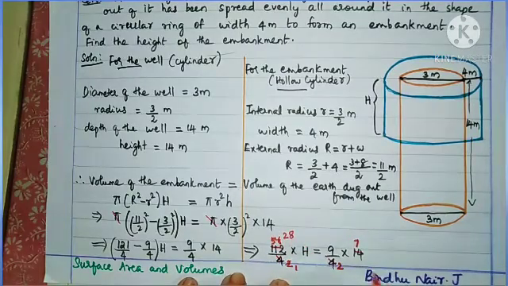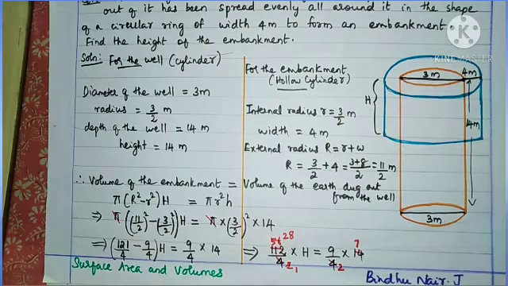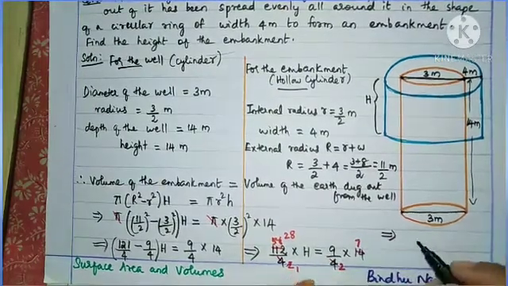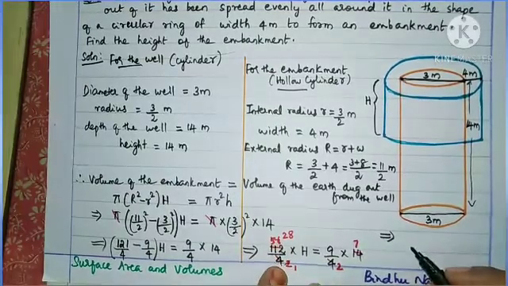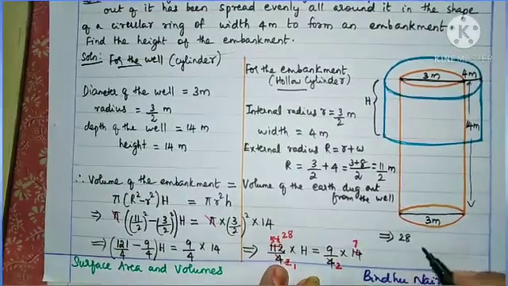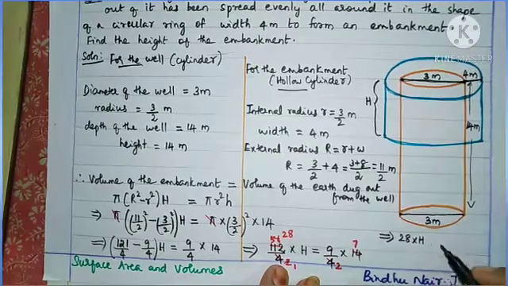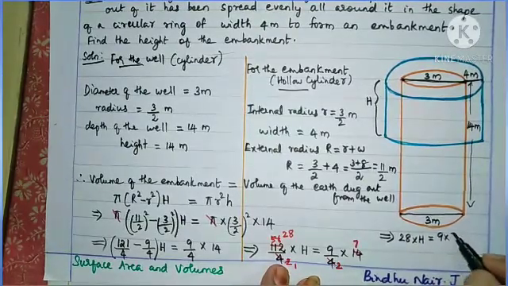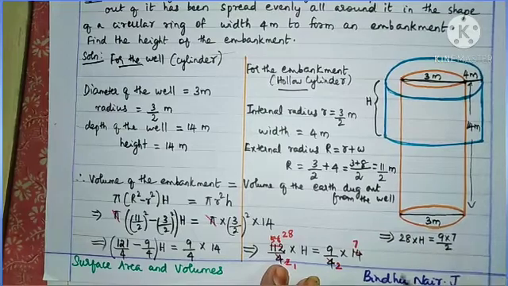Okay, now we can write the remaining. This implies here 28 into h equals 9 into 7 by 2.